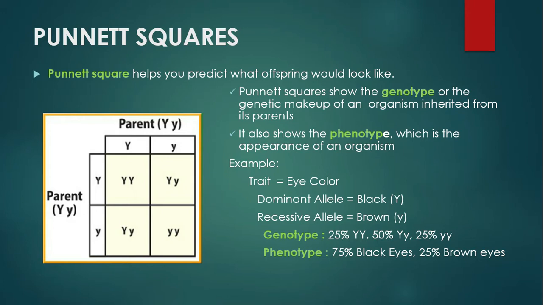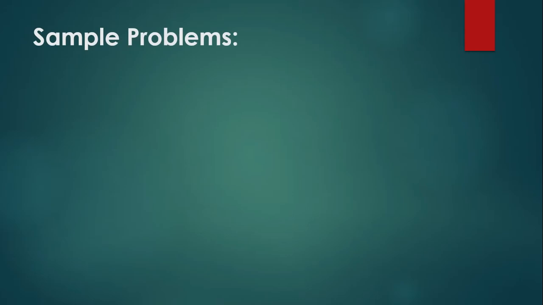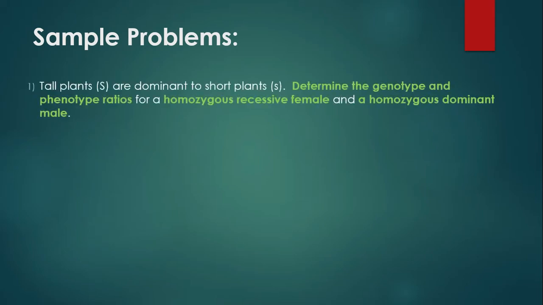Now, to further discuss and for us to further identify the results, let me discuss these through sample problems. First, let's say this word problem. Tall plants, expressed in a variable capital S, are dominant.